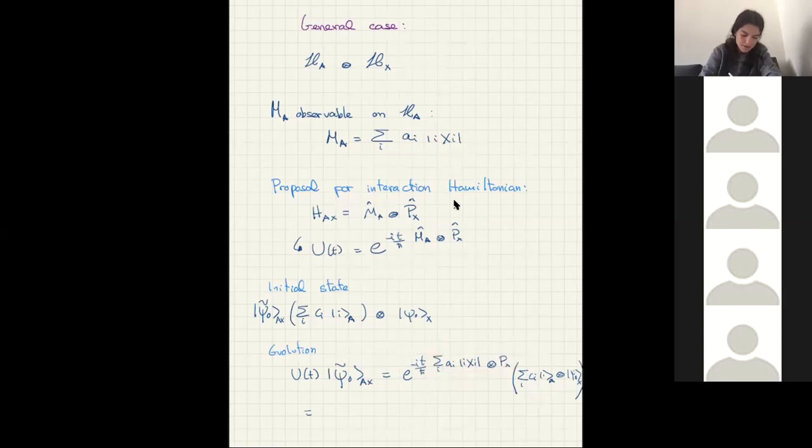But the nice thing is that because these things are projectors, the whole thing will become only the sum over I, Ci, and then we get only I here, and then we get times e to the minus i t over h bar, and now we get AI PX, phi 0 over X. Okay, so this will be an exercise in the tutorial.